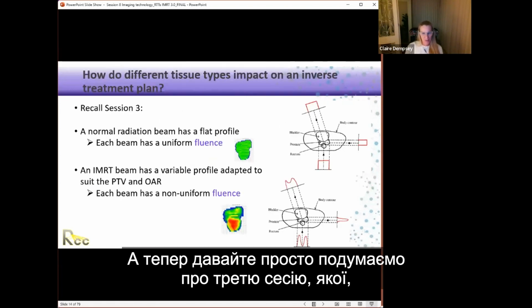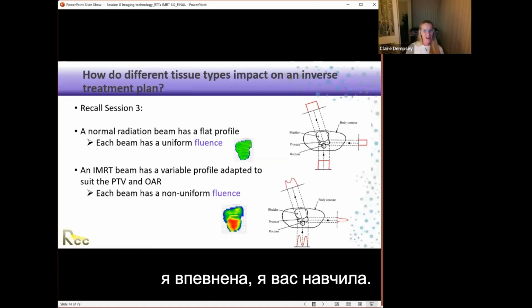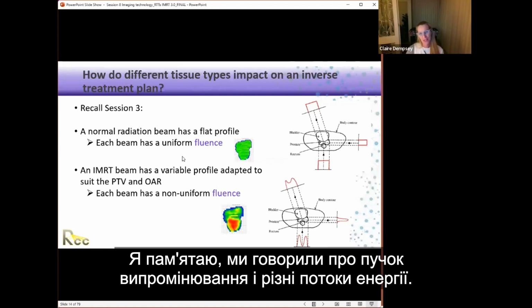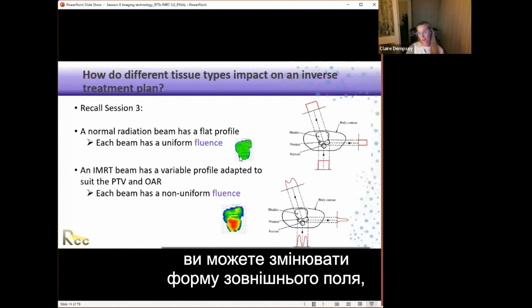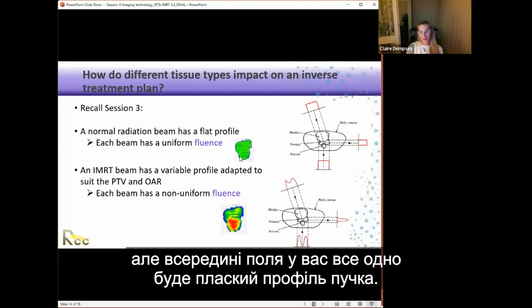Now let's think about session 3, which I'm pretty sure I taught you. Remember we were talking about radiation beams and different fluences. If you have a radiation beam with a flat profile, you can change the outside field shape, but you still have a flat beam profile within that field.